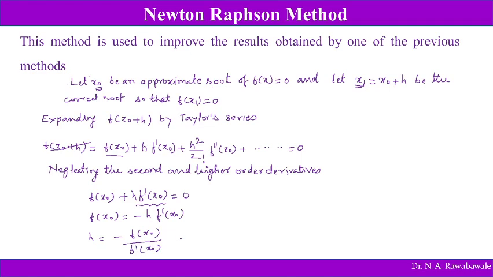We call this equation number 1. Now, what we have already assumed is x1 is equal to x0 plus h. This is equation number 2.